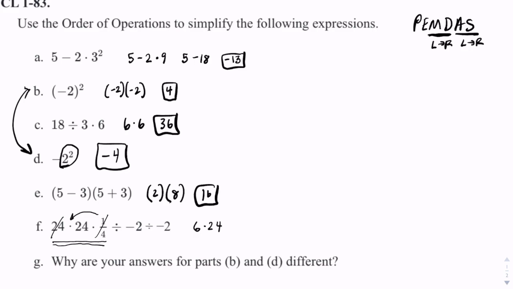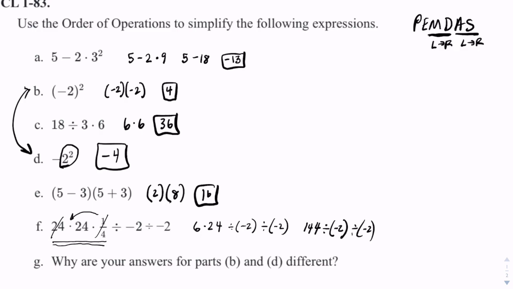So now I have 6 times 24 divided by, should really be parentheses, negative 2, divided by negative 2. So 6 times 24 now is 144. 144 divided by negative 2 is negative 72.